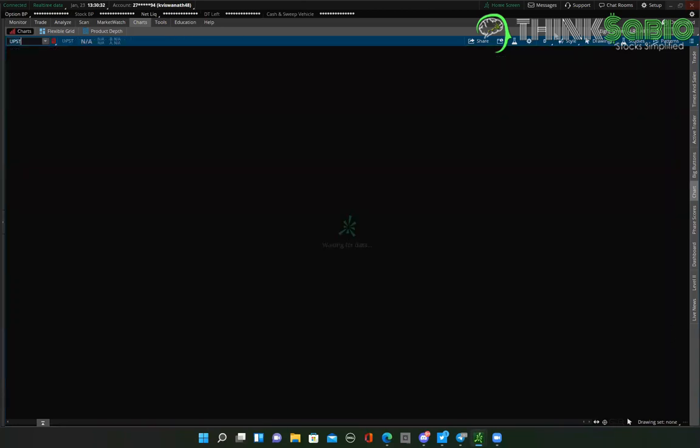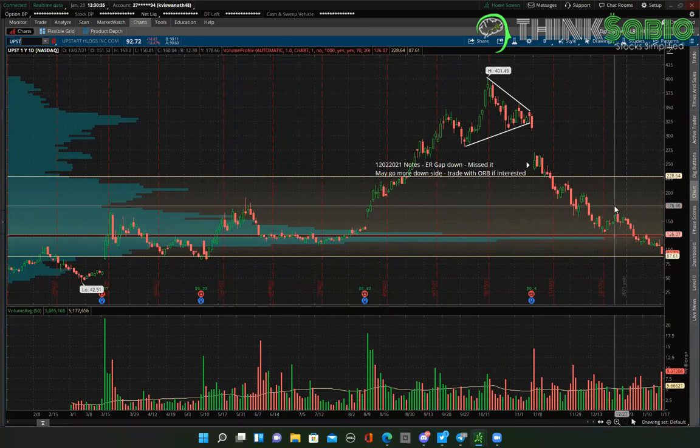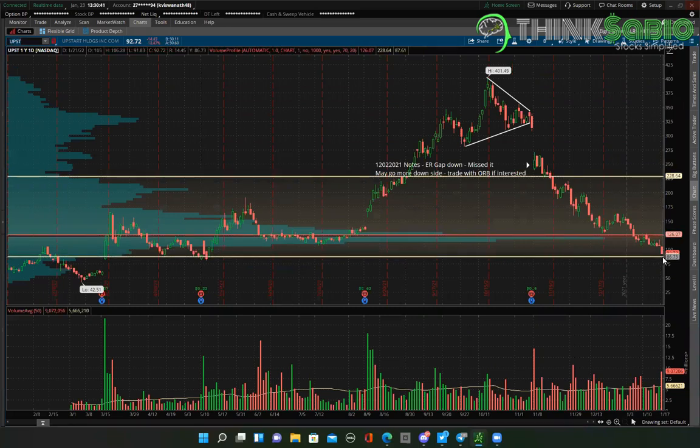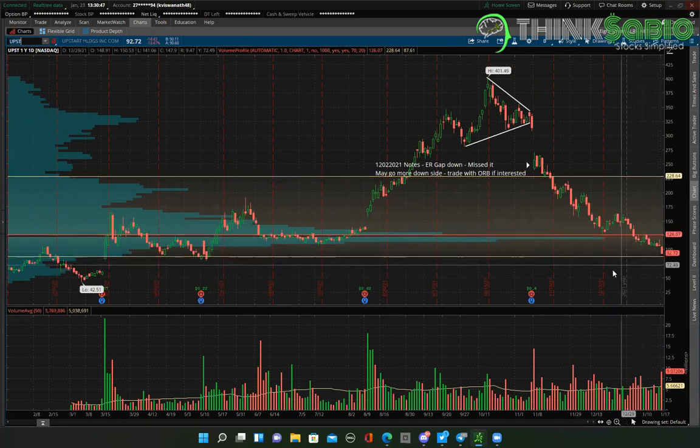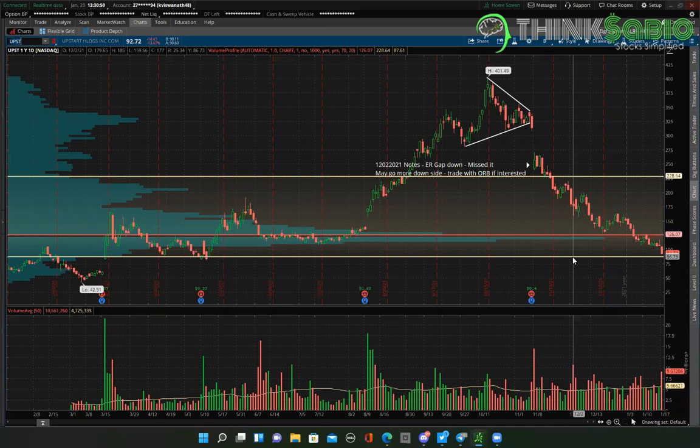And let's look at one more chart here. Upstart is almost at the verge of this volume profile right here, 86. And if it goes below 86, it is expected to go down even more.